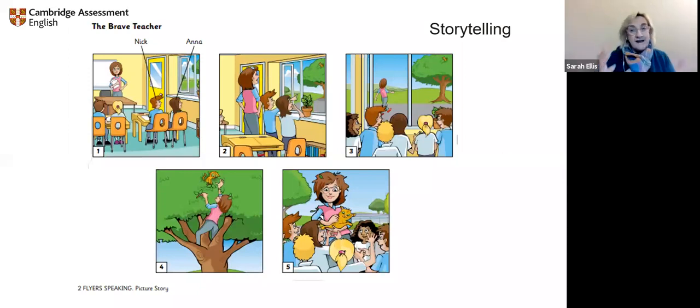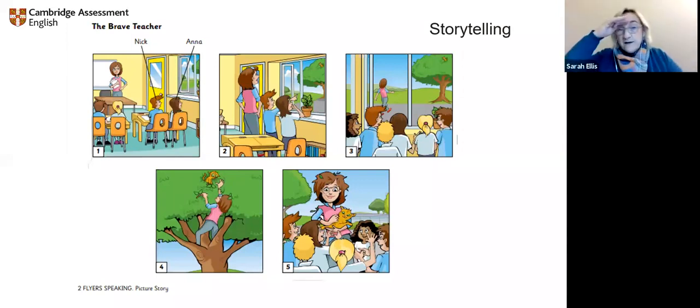Now that's the exam task, and they will obviously narrate the story in any way that they think is appropriate, using the pictures for their story. However, I think storytelling is a great way to practice, and I think that we can narrate the story ourselves and get the students to be involved, perhaps by using mime.